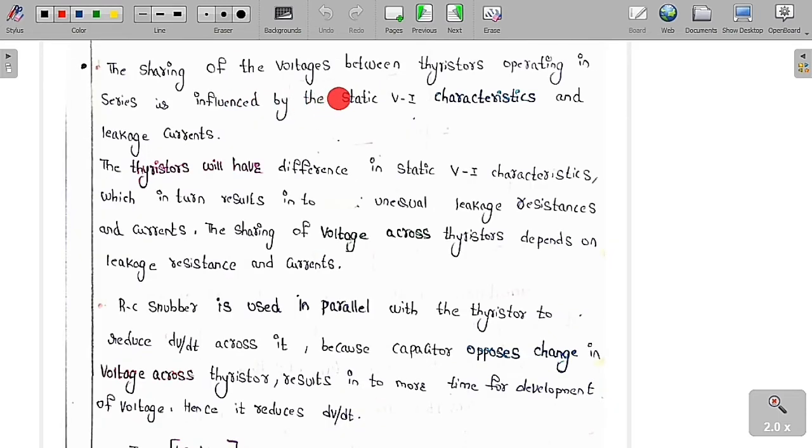The sharing of the voltages between thyristors operating in series is influenced by the static VI characteristics and the leakage currents.